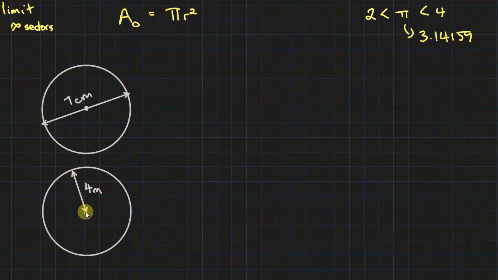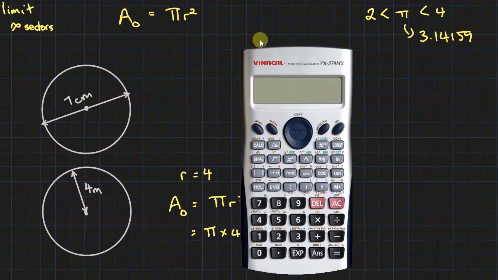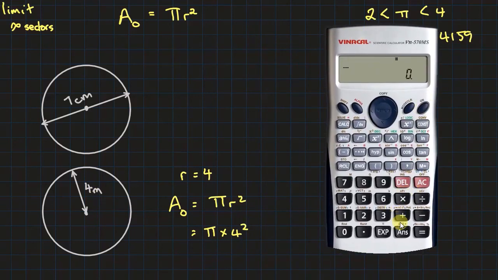What information have I been given? I've been given r equals 4. I want to work out the area of the circle. So A of a circle is pi r squared. So I put my values in. Pi times 4 squared. Notice meters, and I need a calculator. Turn it on. Pi button's down here, so I press Shift, Pi, and I want 4 times 4 r squared.